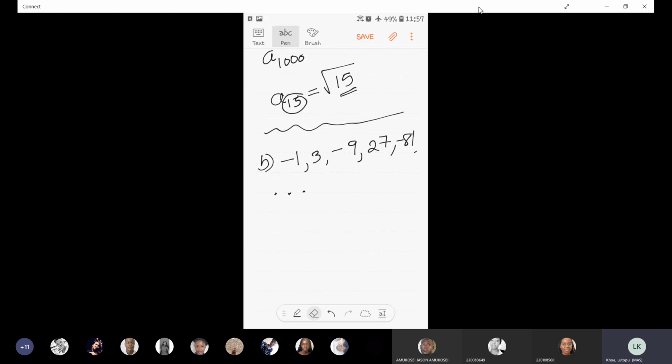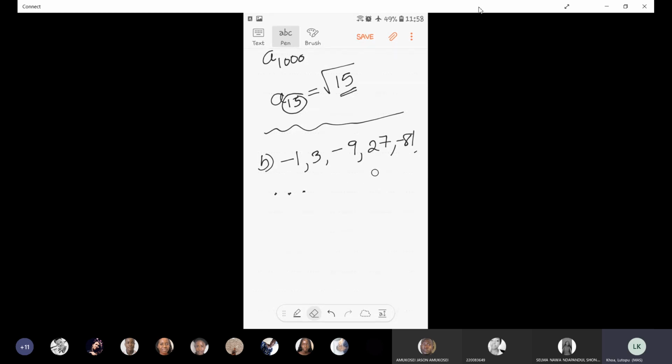Can somebody else tell me what is happening? Yes, you multiply with a -3. Okay, so I'm multiplying by -3. Let's see. I start with -1. I multiply with -3, I get +3. +3 times -3 is -9. -9 times -3 is +27.